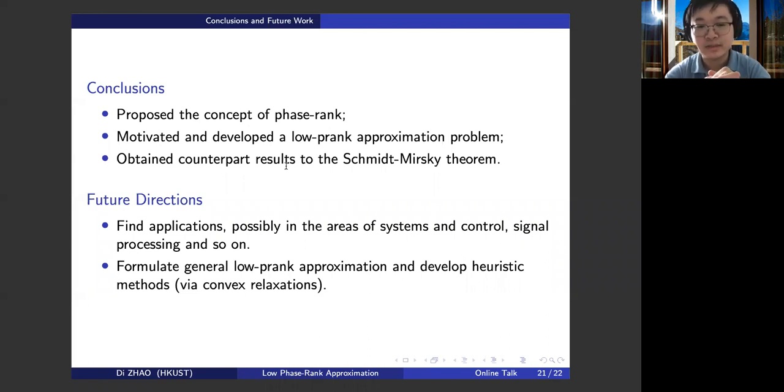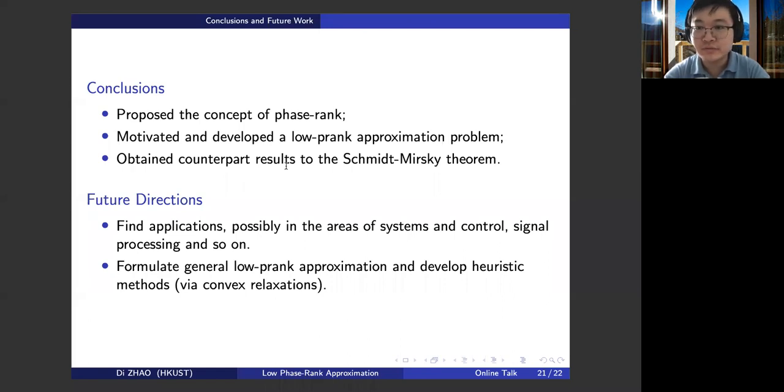Another direction to further extend this work is the general low phase rank approximation problem. We know that the general low rank approximation problem is not a convex problem, and we usually don't have closed form solutions.